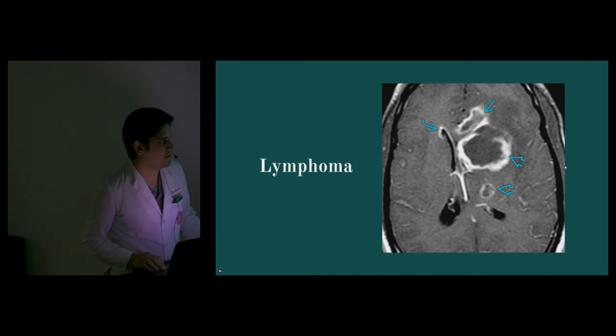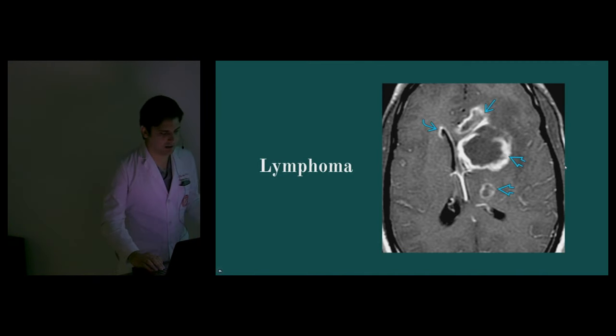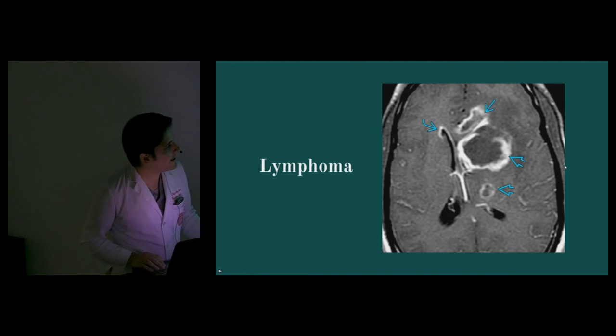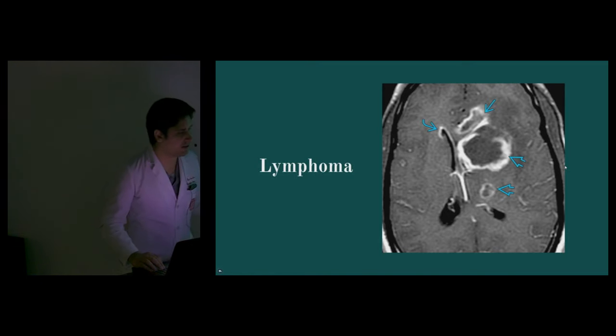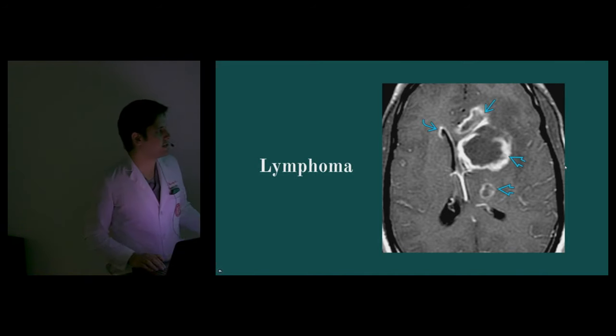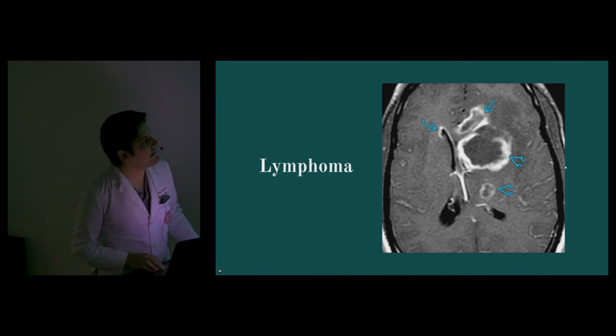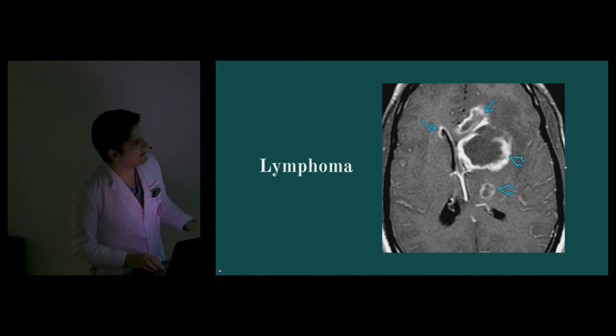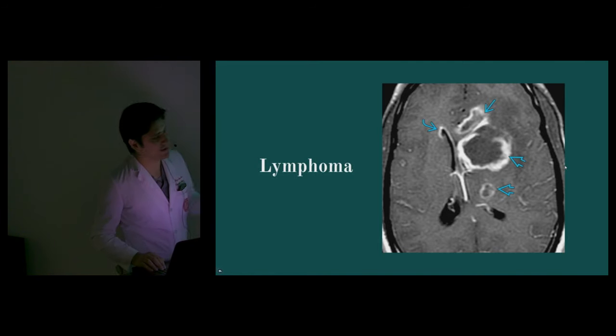The lymphoma was an important differential diagnosis in our patient because of the location of the lesions. The lymphoma tends to be in a subependymal and also periventricular location. That's why this was an important diagnosis.